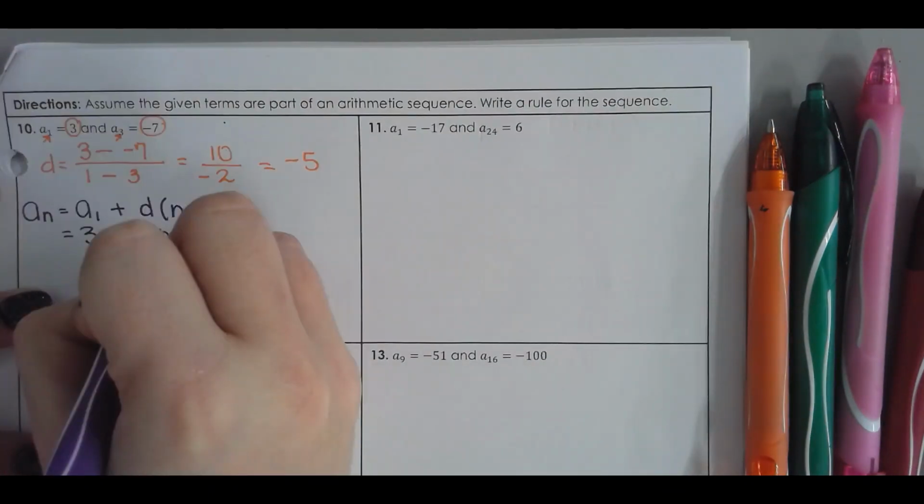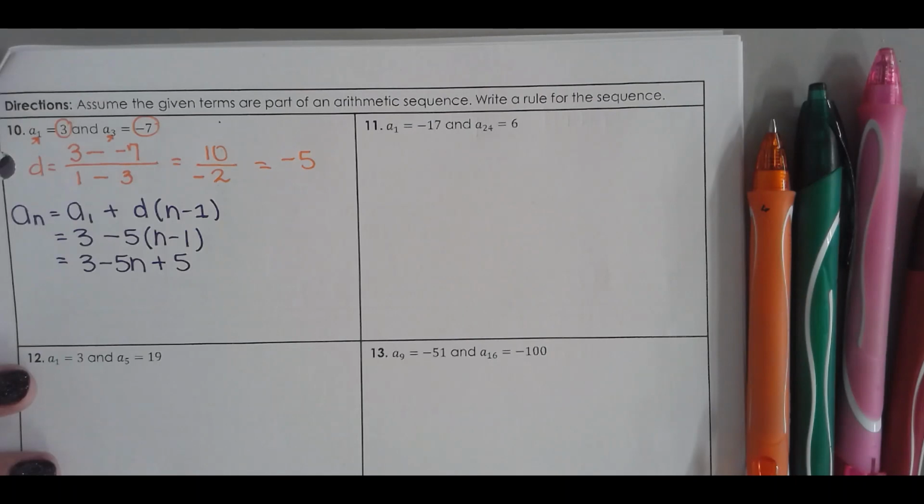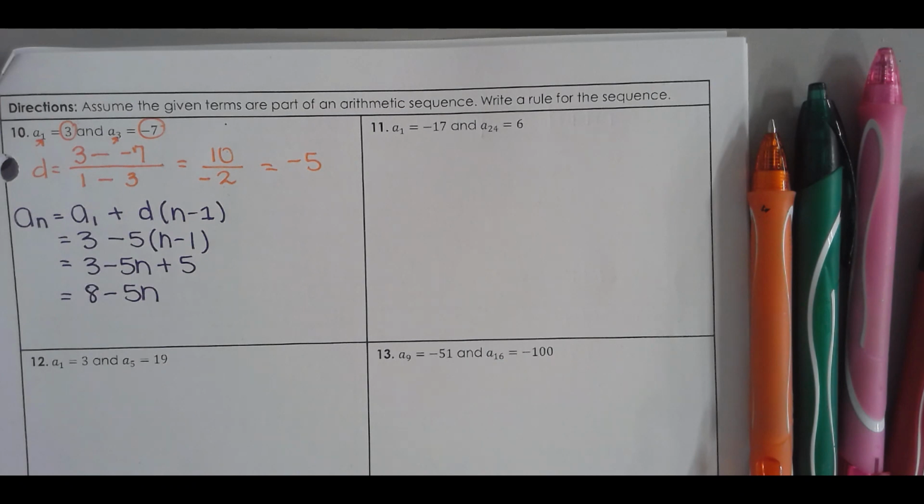What is A1? 3. n minus 1. And then I combine. And that's all it asks for. It says write a rule. Just the formula.